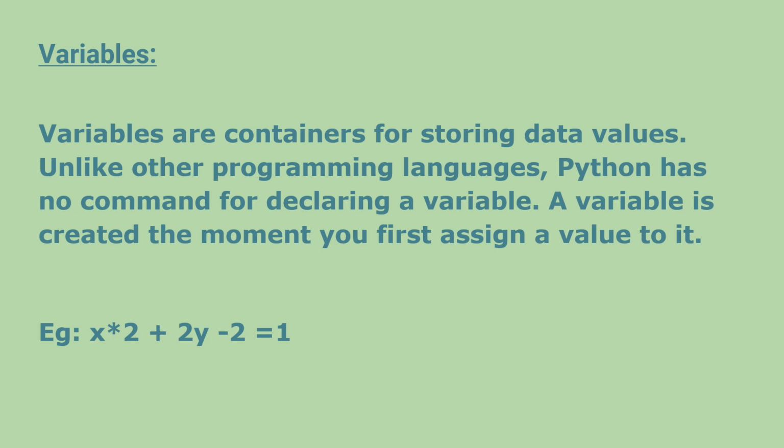In this equation, x squared plus 2y minus 2 is equal to 1, x and y are variables that can take any value, such as integral numbers 10 or 20, real numbers 0.23, 5.5, or just 0 and 1.